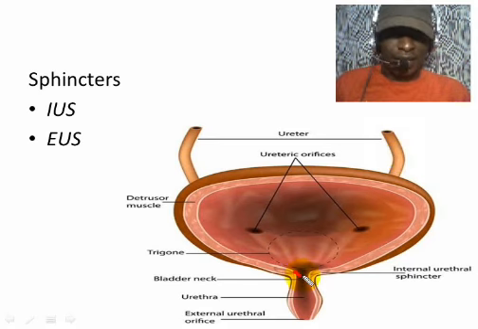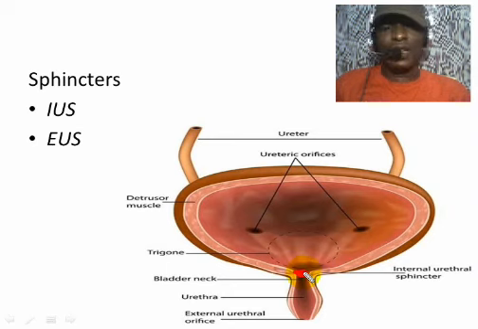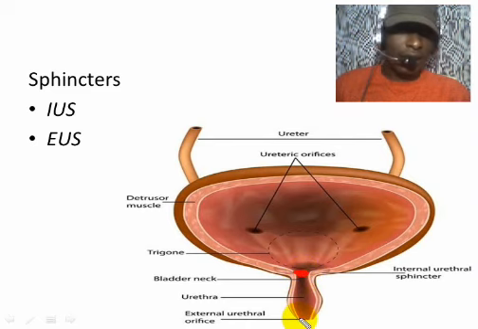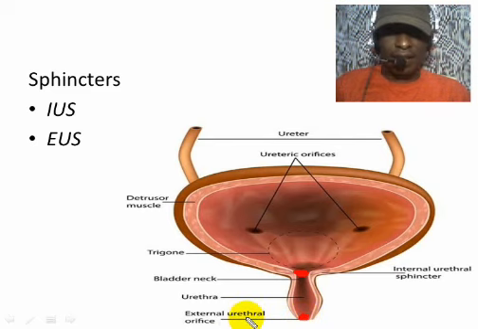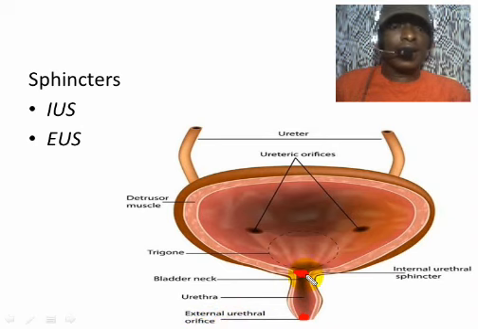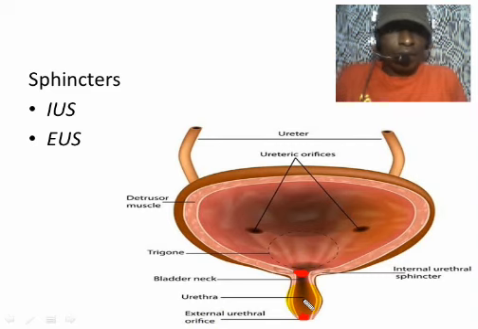Just right here is the location of the internal urethral sphincter, and at the end of the urethra is located the external urethral sphincter. Okay, these two sphincters play a vital role in micturition.